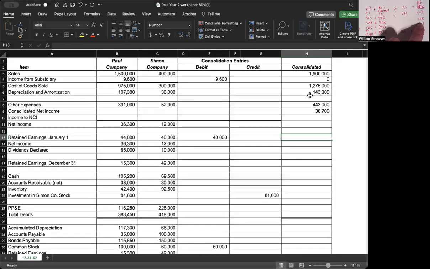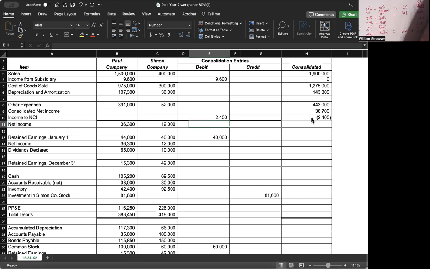So I added too much because not all 12,000 belongs to the parent. Only 9,600 belongs to the parent. So I have to take out this 2,400 that is belonging to the non-controlling interests of the company. So I reduce this by 2,400, but that can only get there if I debit the total income by 2,400.